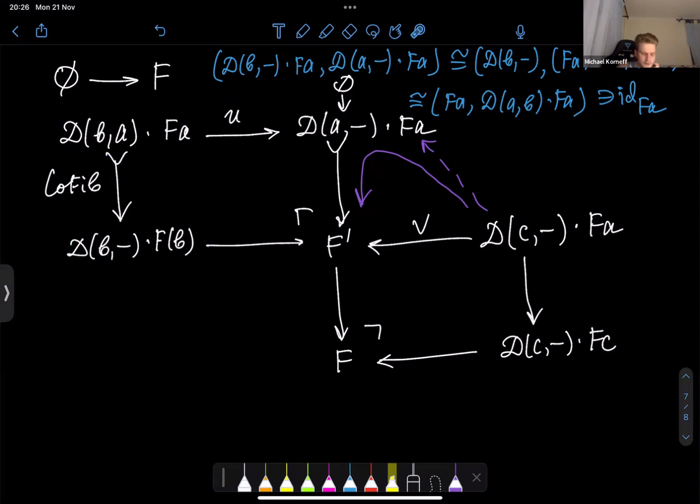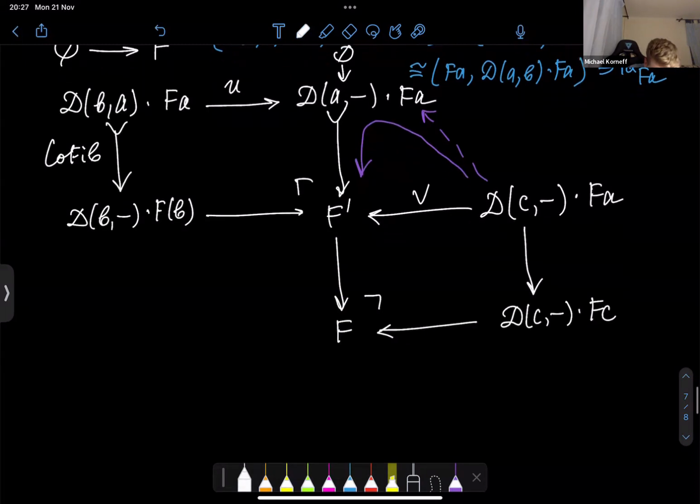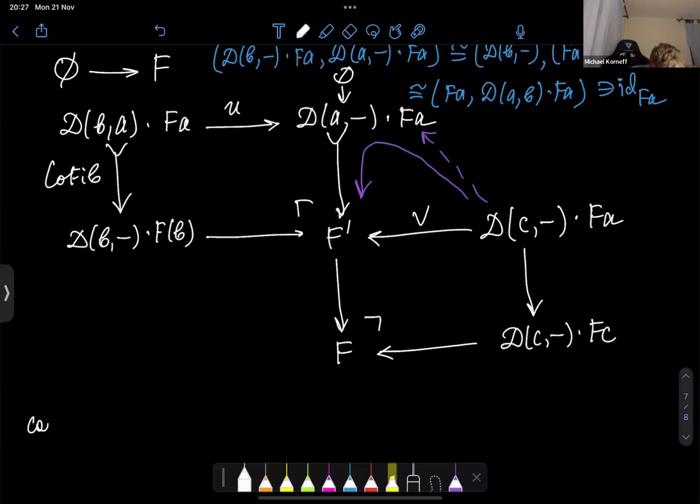the fact that we can see that this diagram is just a diagram from the definition of the coend. We can form the following coequalizer.